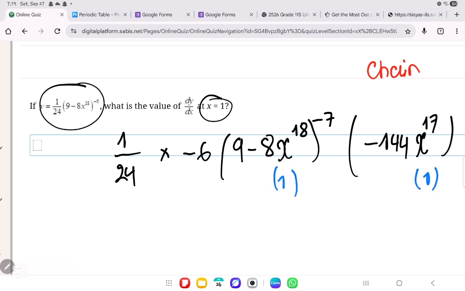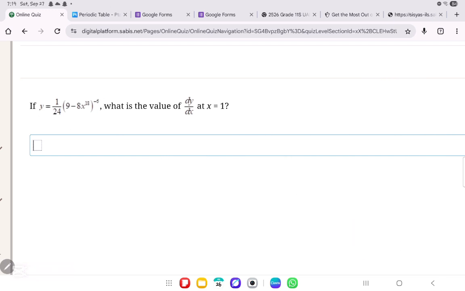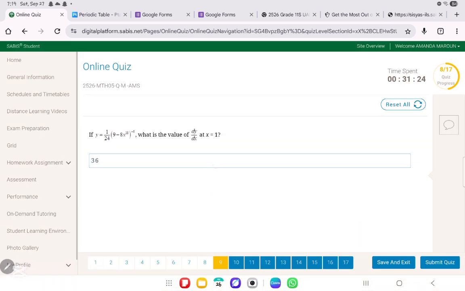So it's going to be 1 over 24 times minus 6, open brackets, 9 minus 8 times 1 to the power of 18, and all of it is to the power of minus 7, multiplied by minus 144 times 1 to the power of 17, and we will get our answer, which is 36. Perfect, so our answer over here is 36.